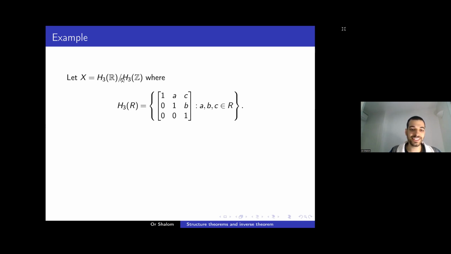The Heisenberg group over Z is discrete in the Heisenberg group over R, so this quotient is locally the three-dimensional Euclidean space. And also one can show that this quotient is compact. Now, when you have a quotient of two Lie groups, which is compact, you can equip it with the Borel sigma algebra and a probability measure which is invariant to this action.